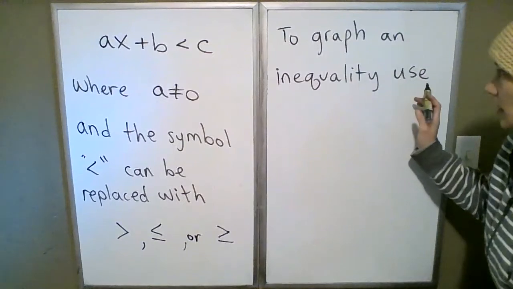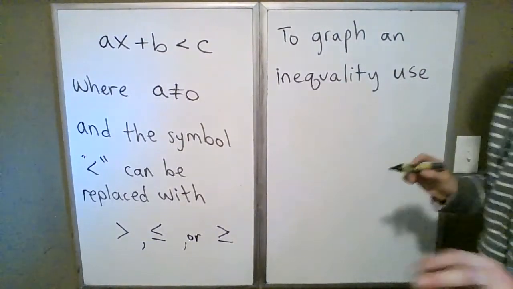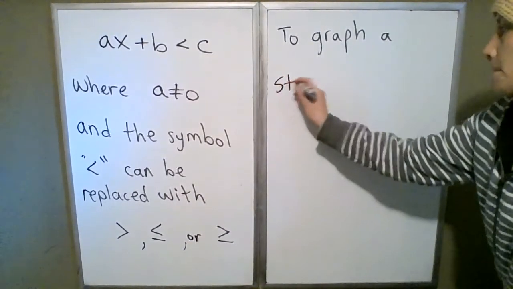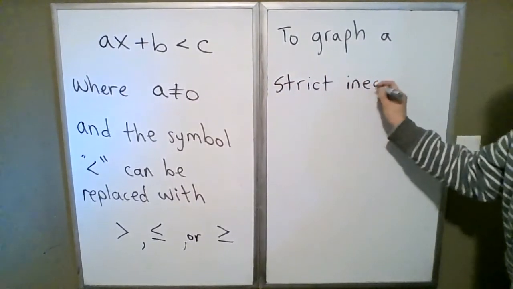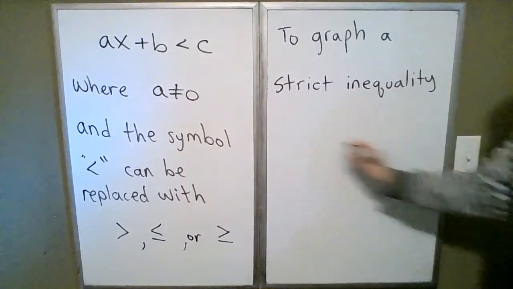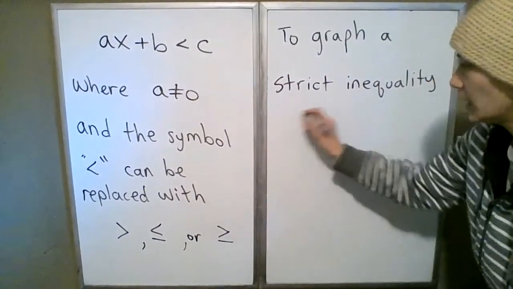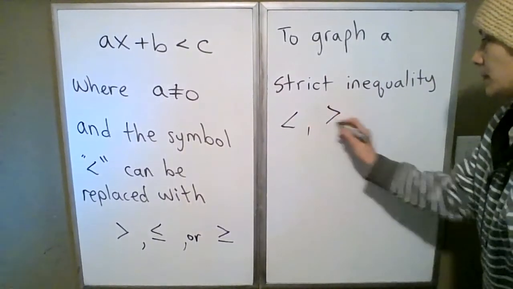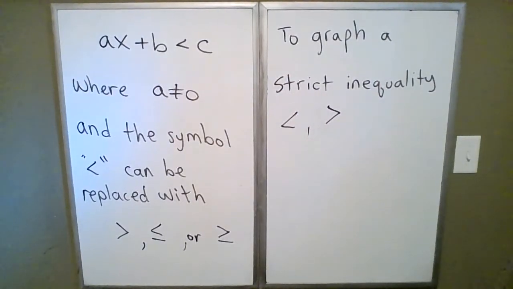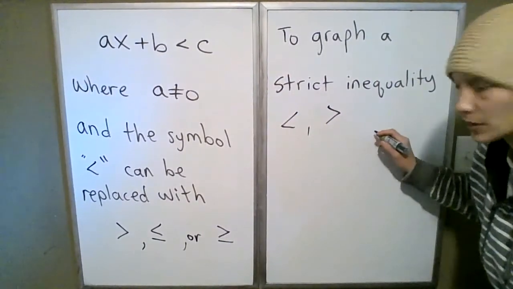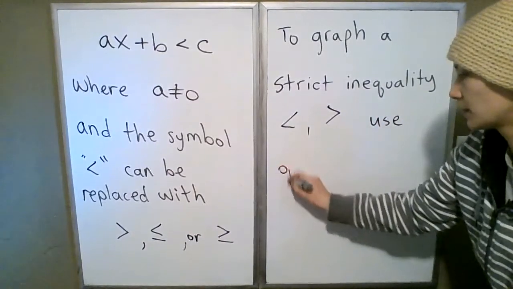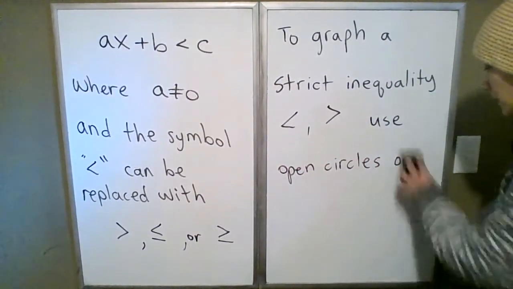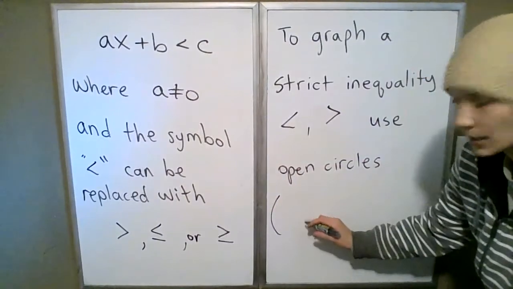To graph a strict inequality, which would be one of the first two symbols I talked about, strictly greater than or strictly less than, use open circles or parentheses.